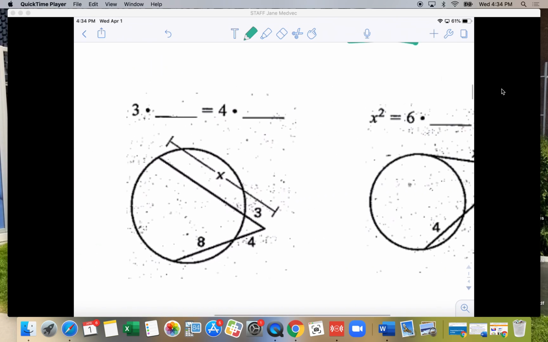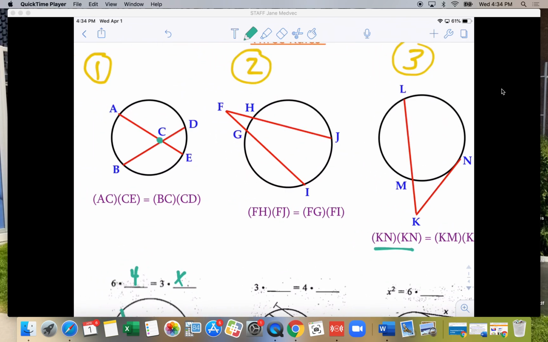Okay, let's take a look at this next one. Notice the intersection is on the outside. Notice that the line goes through the circle and the other line goes through the circle. So what do I use, 1, 2, or 3? I'm going to use number 2, and the reason is that the intersection's on the outside and the line is cut twice.